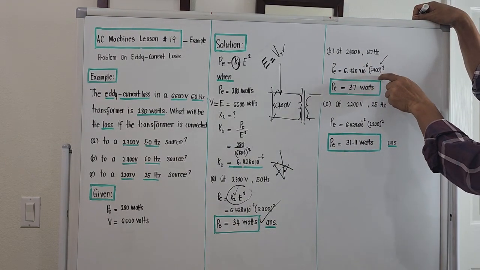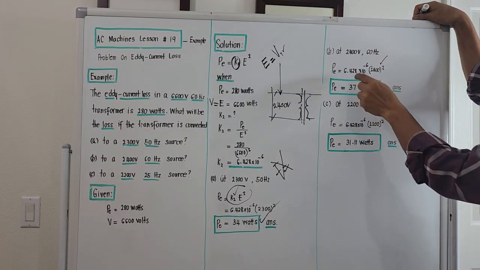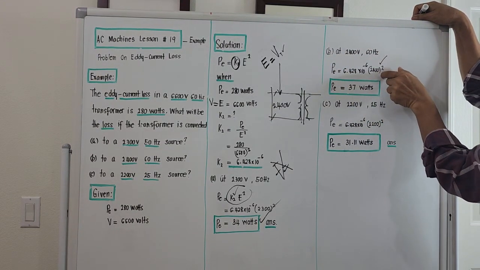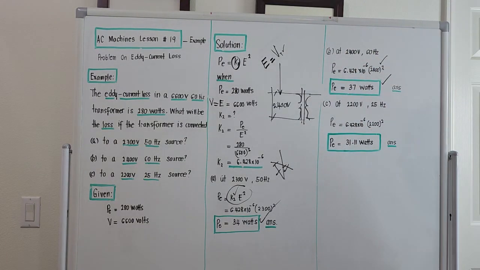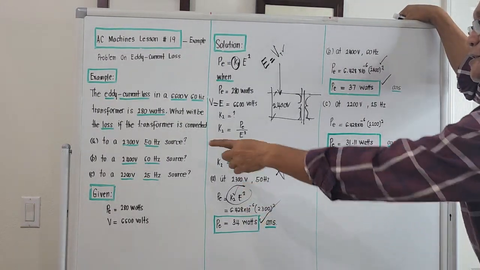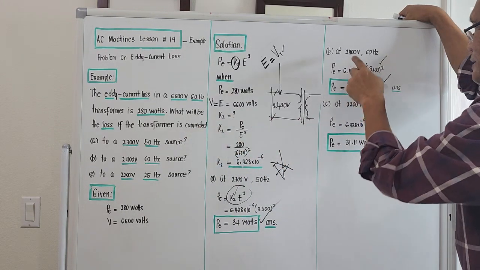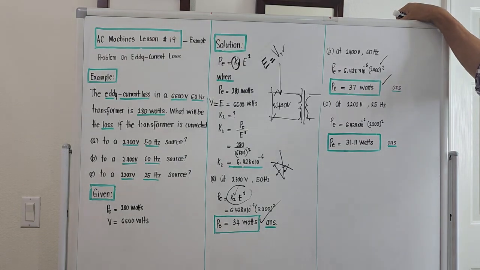If you square this one, this is by the million, it will cancel out. So what will come out will be 6.428 times a certain value, and it will be 37 watts. It's a little bit bigger than the first one because the first one is at 2300 and the next one is at 2400.